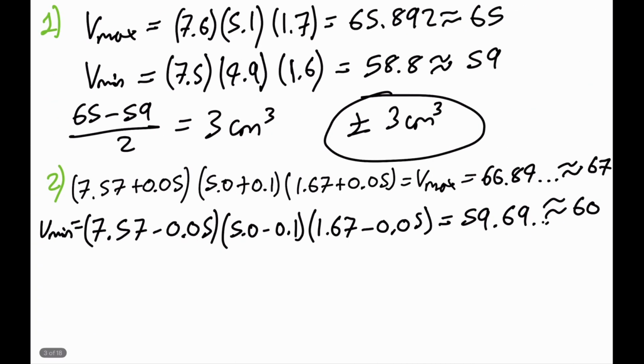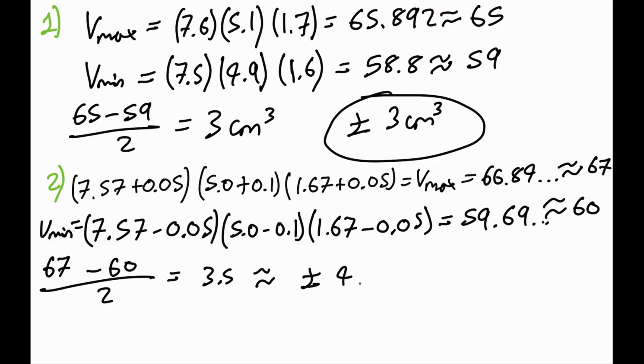So we're going to do 67 minus 60 divided by 2, which is 7 over 2, which is 3.5. And because we have to leave our uncertainties in one significant figure, I'll explain later why in the significant figure section, we would leave it as plus minus 4 centimeters cubed. And that's how to find the absolute uncertainty.